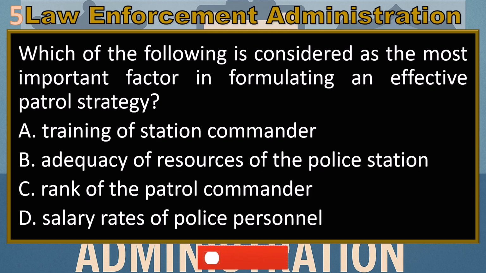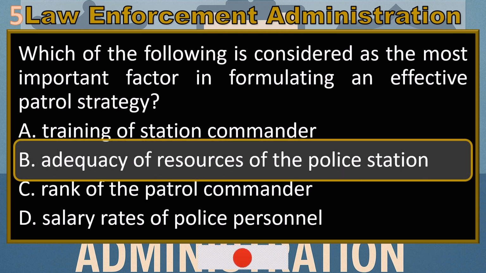In the next 5 seconds, select the best response from the available options. 5, 4, 3, 2, 1. The letter of the correct answer is B, adequacy of resources of the police station. The adequacy of resources of the police station is considered as the most important factor in formulating an effective patrol strategy.